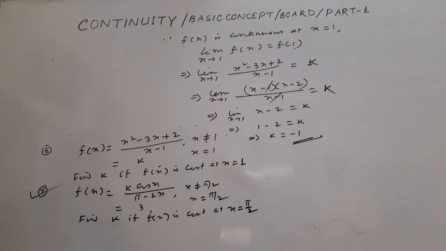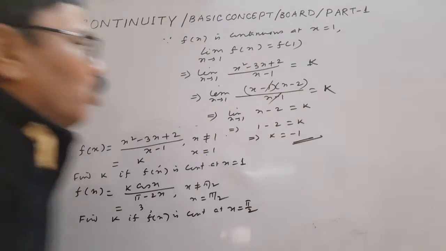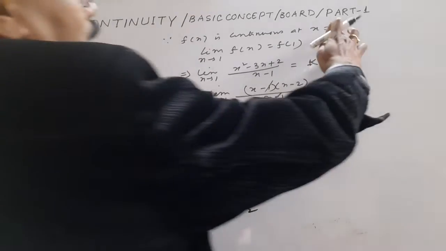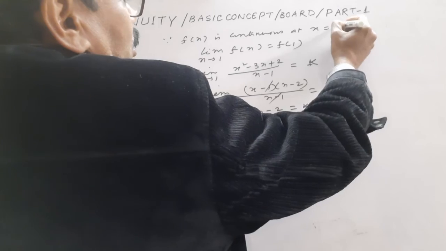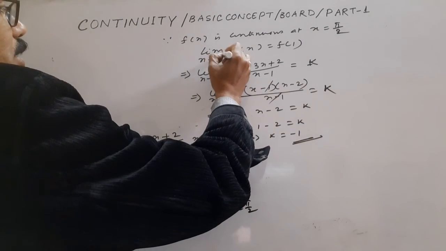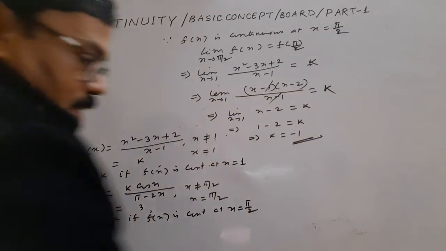So modify it. So exactly the same. So we use the definition at x equals to pi by 2. So since fx is continuous at x equals to pi by 2, limit x tends to pi by 2 equals f of pi by 2.